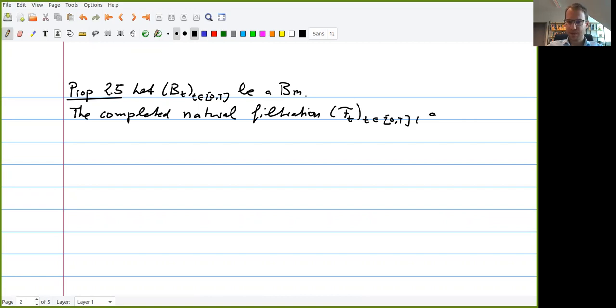How is it defined? Very simple. You take the natural filtration of the Brownian motion, so the one generated by B_t, and then you add the null sets. And this is your new completed natural filtration.